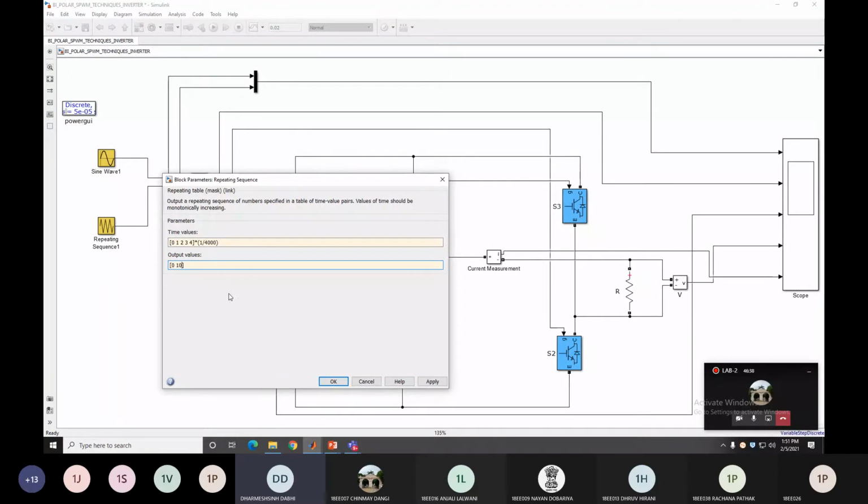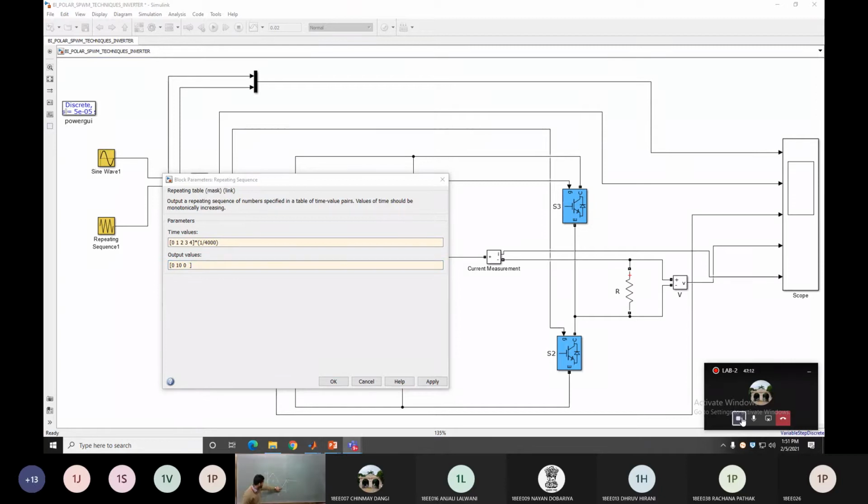Then at the second point, what is the magnitude of the triangular wave? It is 0. So write down the magnitude 0 here. Then at the third point, what is the magnitude?